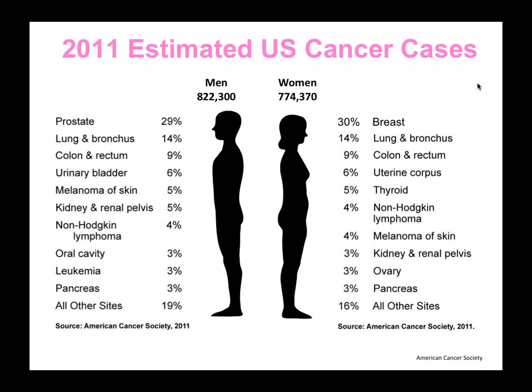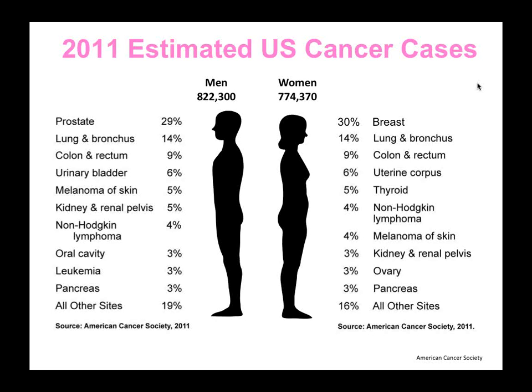So if you look at the overall number of cancer cases, this is from estimates from the U.S. in 2011. I think it's always important to know what the most common cancers are for both men and women. So this relates to the frequency or incidence of cancer, so how many cancers in this year are being diagnosed. And you can see that cancer is slightly more common in men than women, just over 800,000 cases in men and 774,000 in women.